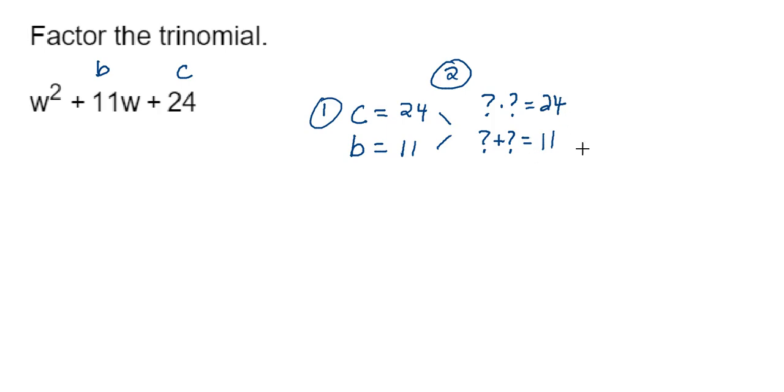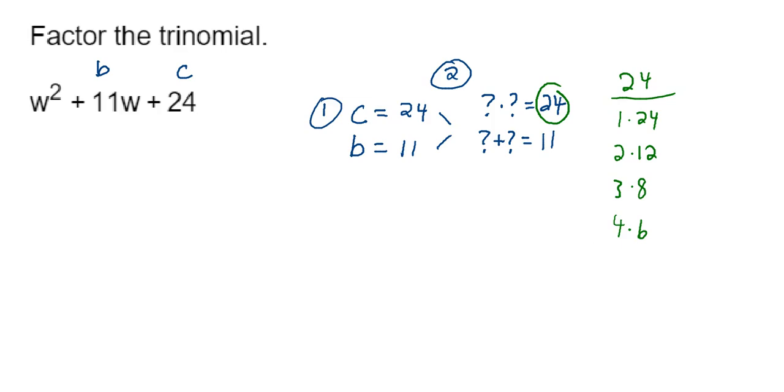So if you're having trouble thinking of two numbers that will do this, you want to start with the first requirement, two numbers that multiply to 24, and let's make a list of numbers that multiply to 24. You could have 1 times 24. You could have 2 times 12, you could have 3 times 8, and you can have 4 times 6. So those are all the pairs of numbers that multiply to 24.